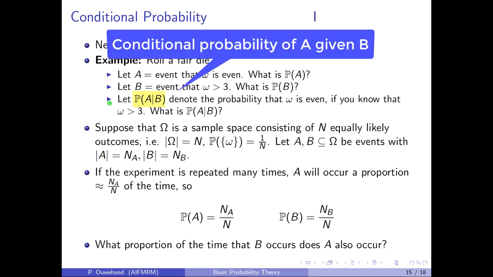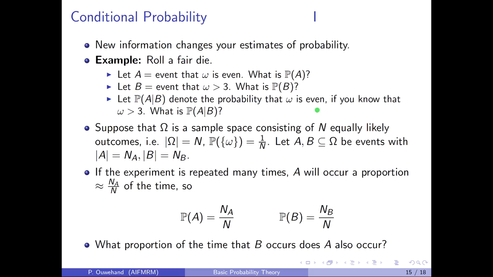Now let the conditional probability of A given B denote the probability that the outcome is even if we know that the outcome is strictly greater than 3. In other words, this conditional probability is the probability that A occurs given that we know that B has occurred. What is this conditional probability?